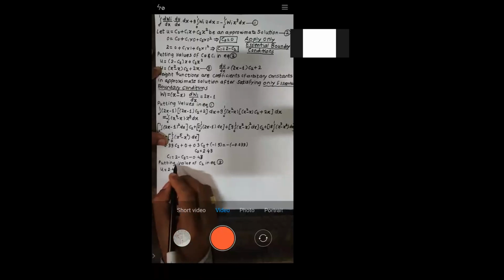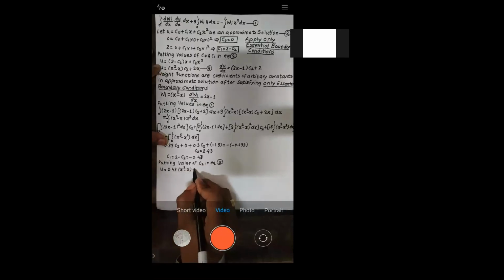So U is equal to C2, which is 2.43, into x square minus x, plus 2x. Here, x square minus x into C2, I have written as C2 into x square minus x plus 2x. Is it okay? Let me know.